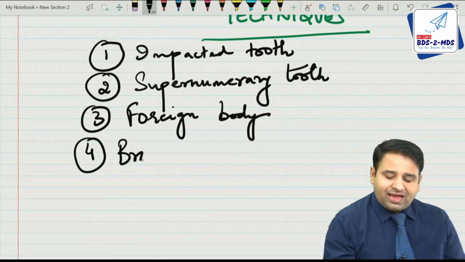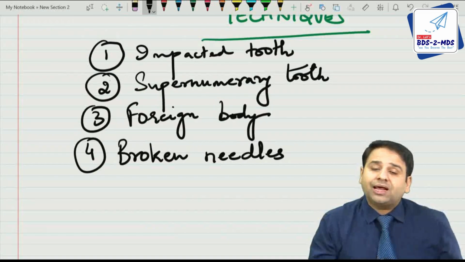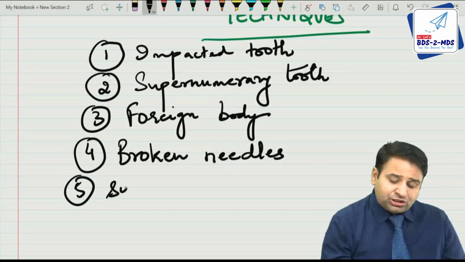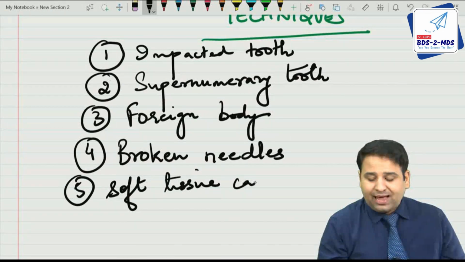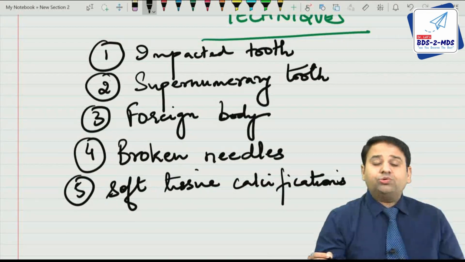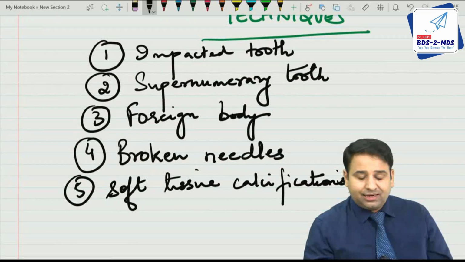In cases of any broken needles, we need to use these object localization techniques, right? Sometimes some soft tissue calcifications confuse us, so in that case, again, you need to use these object localization techniques, right?